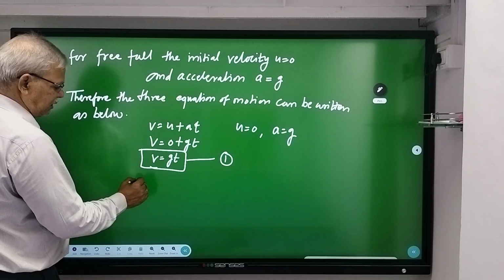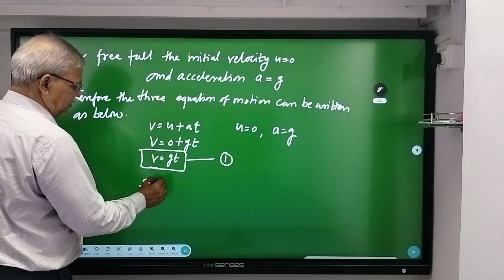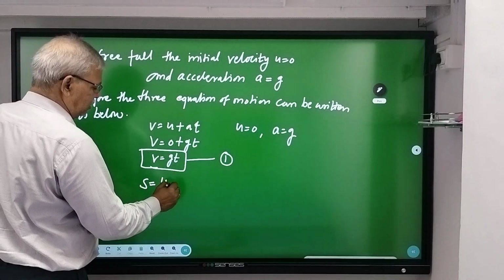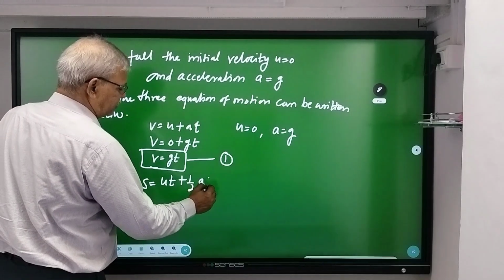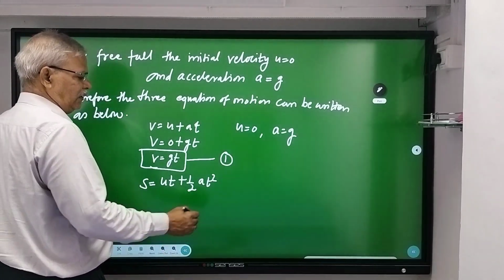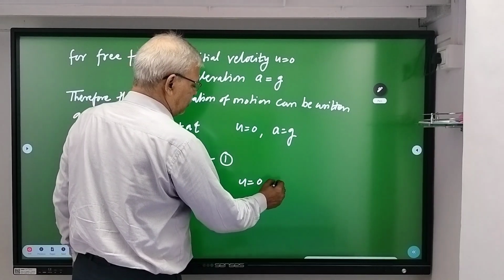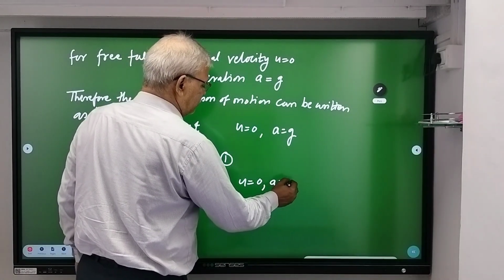Similarly, the second equation of motion, that is s = ut + ½at². Again we write u = 0 and a = g.